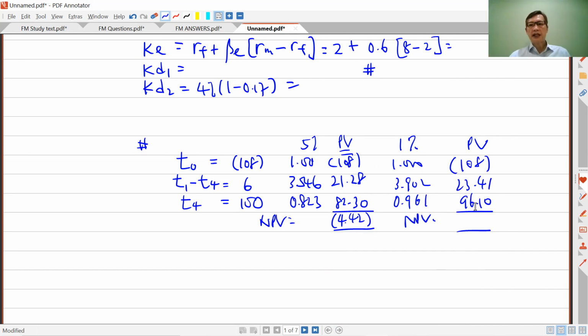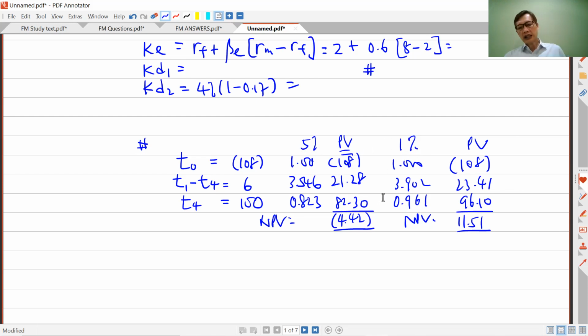So again, you take the present value of the inflow minus the outflow, you will now have positive 11.51. So using 1% to discount, the present value of the inflow is more than the outflow. That's why you have the positive, which will also mean that the debenture holder is earning more than 1%. So it should be more than 1%, but less than 5%. So we're going to interpolate these two here.